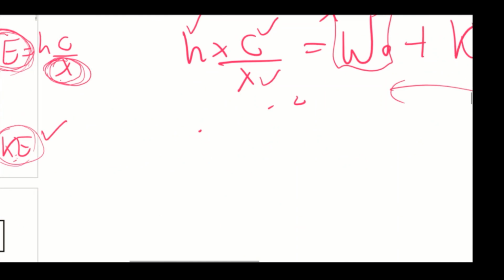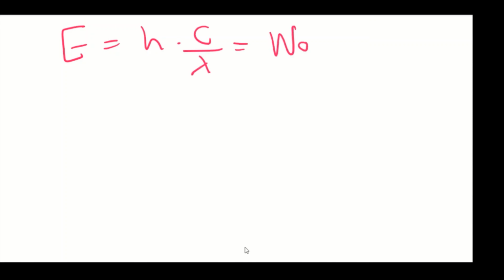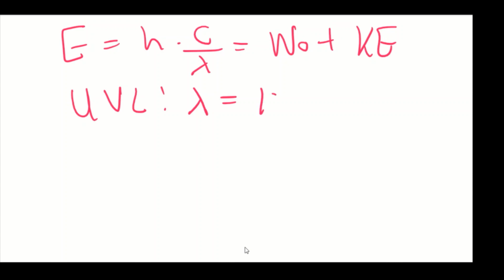Let me just write it properly here, for us to see. We have E equals h multiplied by c over lambda, which equals work plus kinetic energy. And I said the ultraviolet light has a lambda equal to 1 times 10 to the power of minus 8 meters.